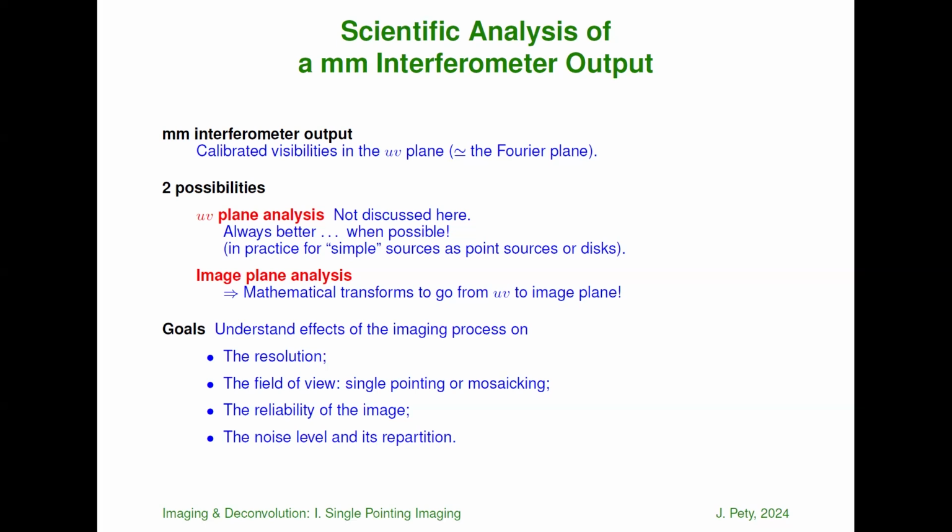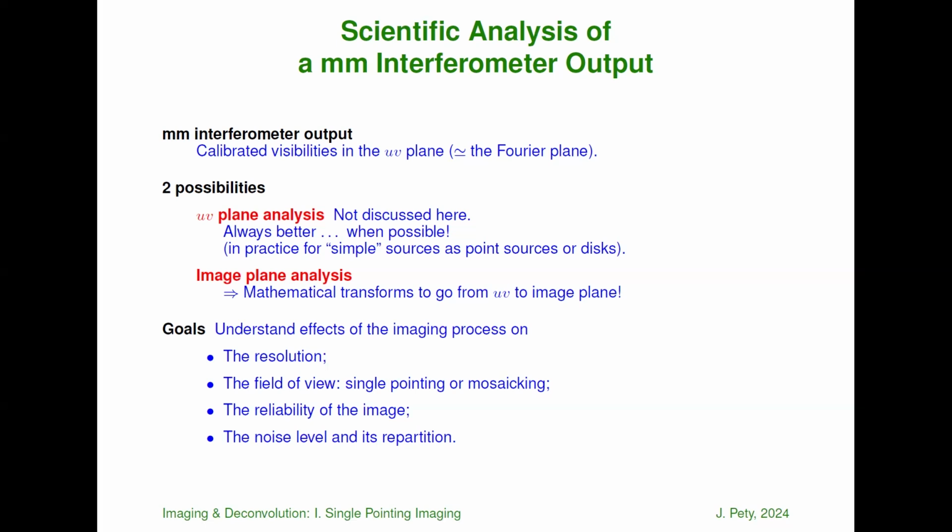And so there is a second possibility, and there will be a dedicated lecture by Sebastian Müller to try to do the analysis directly in the UV plane. Because in the UV plane, we will avoid all the artifacts of going into the image plane, it's always better, but in fact, it's not very often possible.